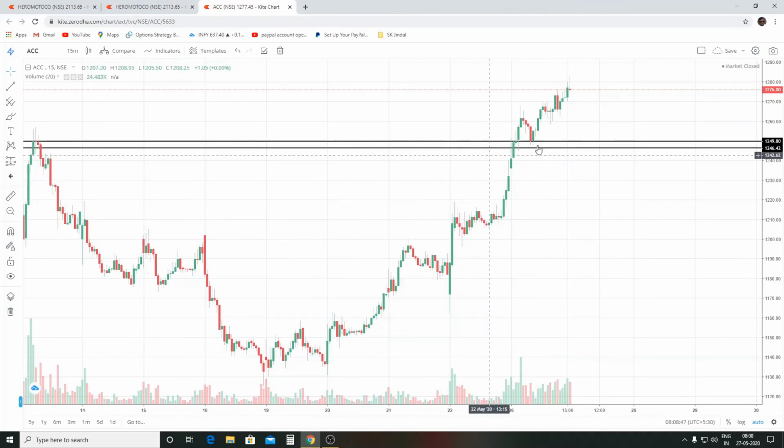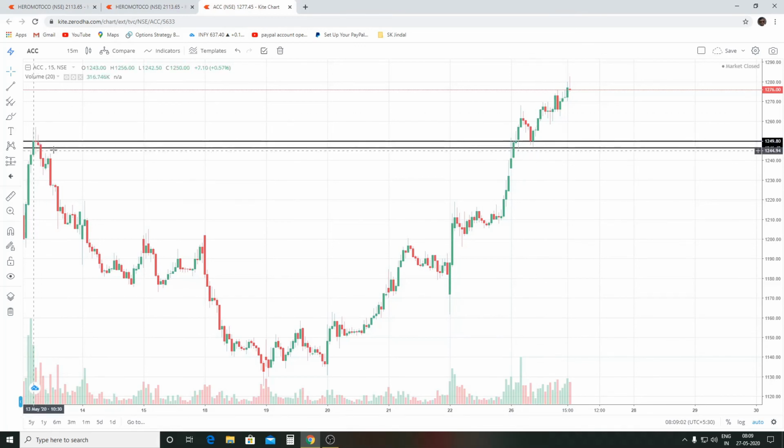You can check that previously it acted as resistance. Now whenever it goes above these levels and again tests them, they act as support.